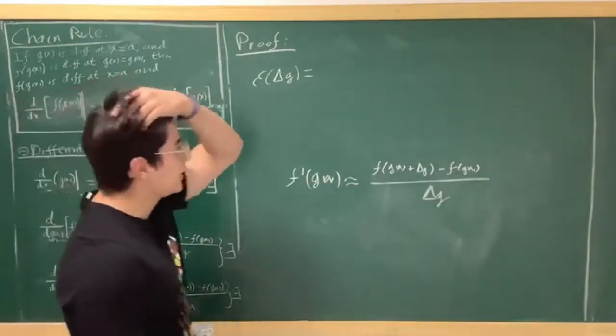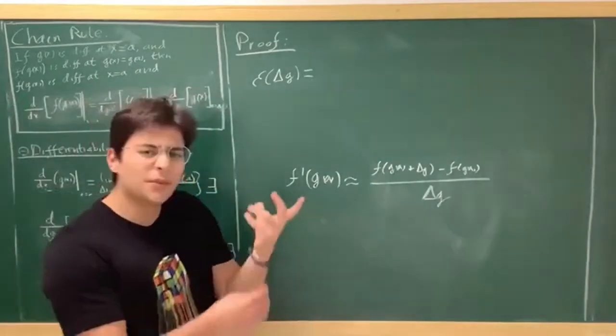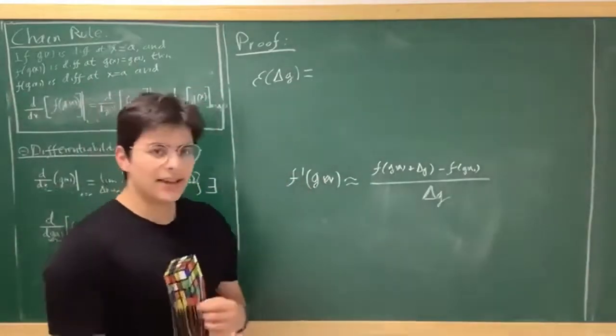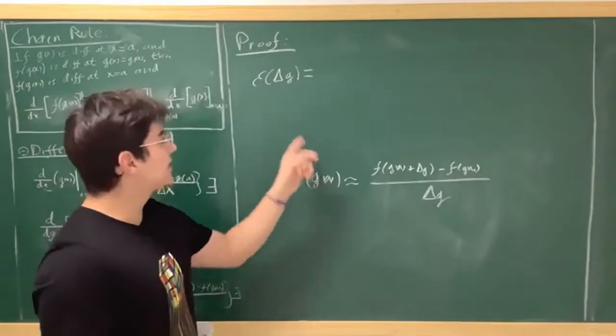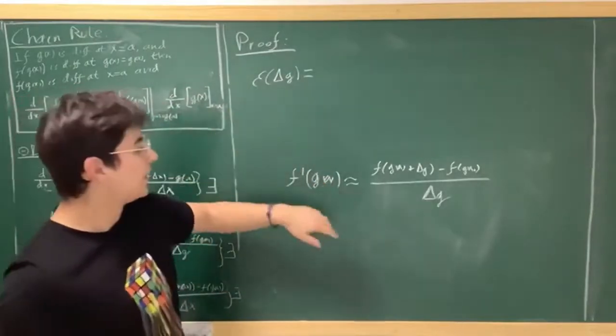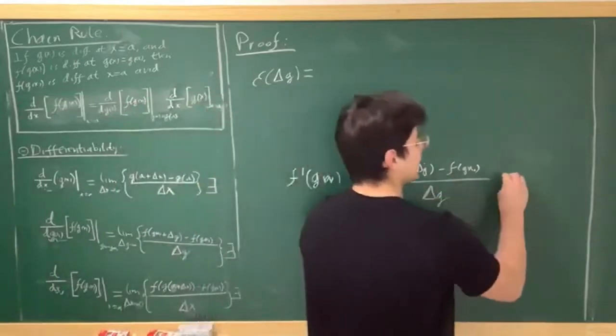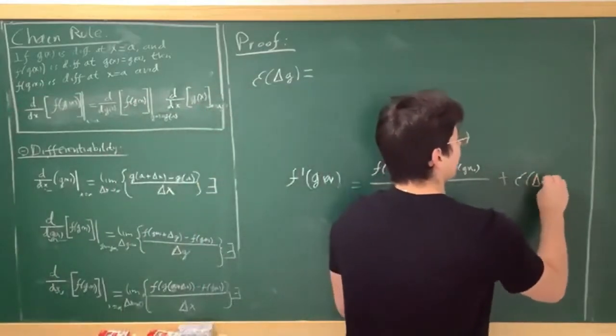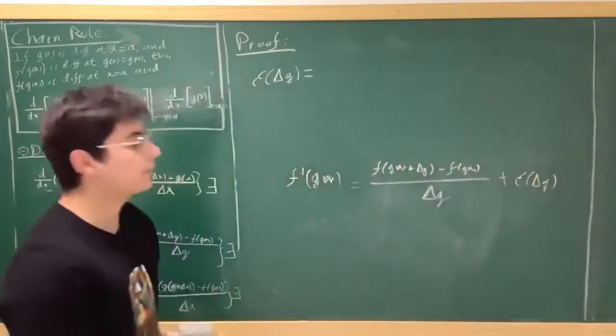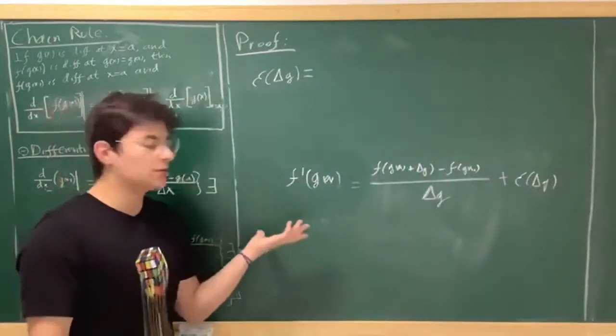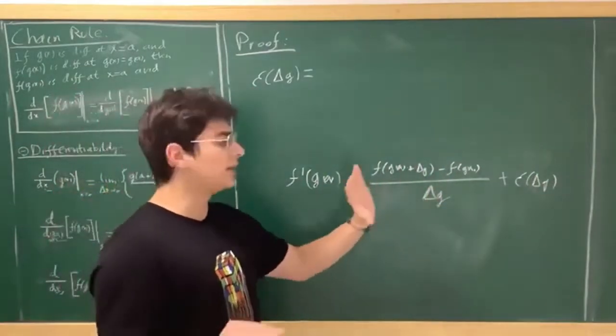But of course, just like any other approximation, there's something that's off, right? There's the error. And the error in this case is going to be called like this. And we can just say that this is equal if we add our error. So this is just the definition, the error.